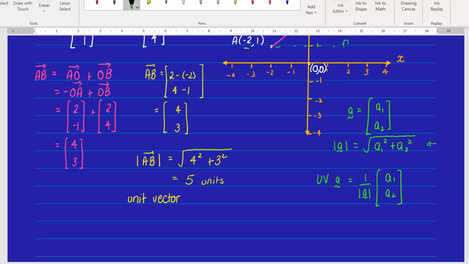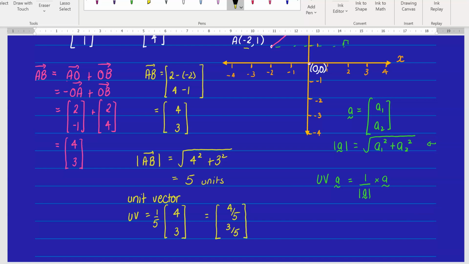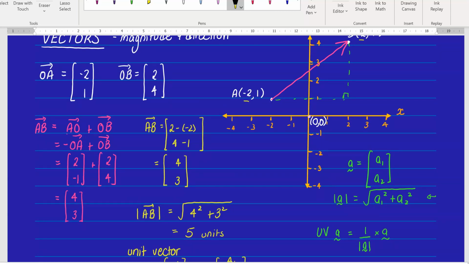If we apply that to our AB, the unit vector in the same direction as AB will be 1/5 times 4, 3, because our length was 5 units, so that's 4/5 and 3/5. This is our unit vector: a vector in the same direction, but instead of being 5 units long, it's only 1 unit long, hence the unit vector.